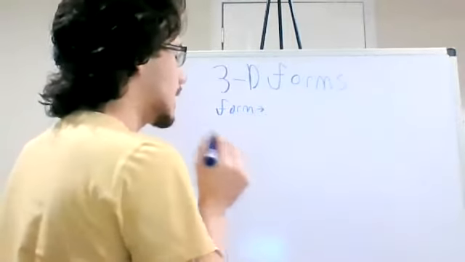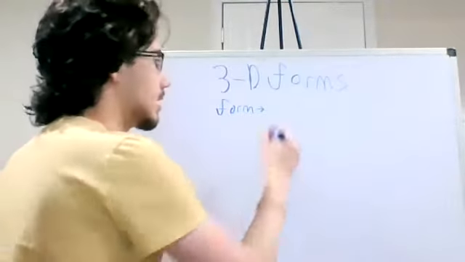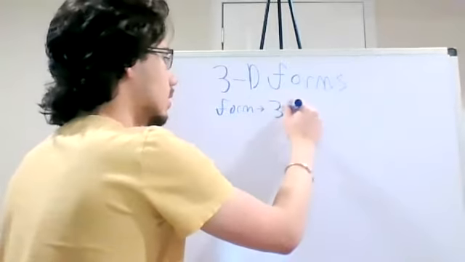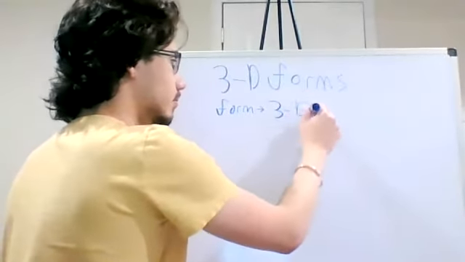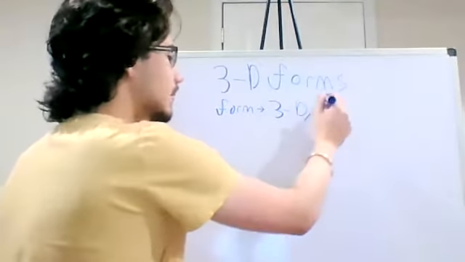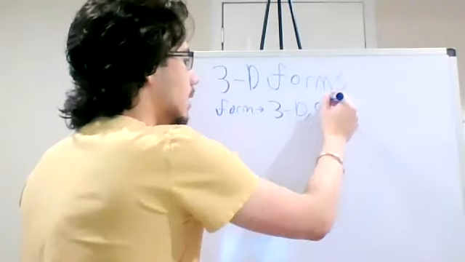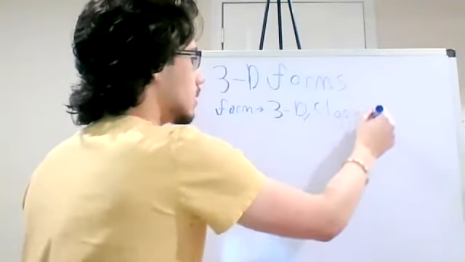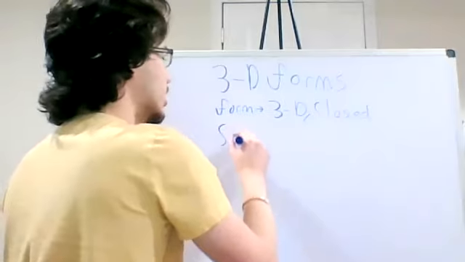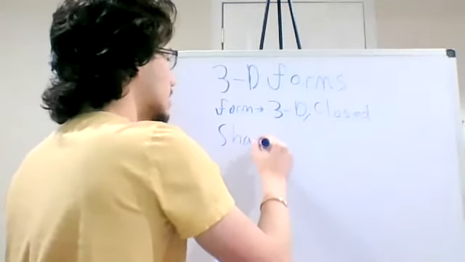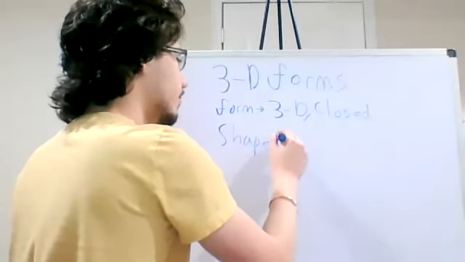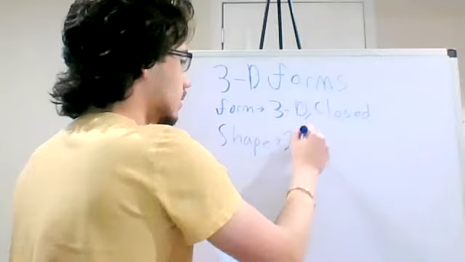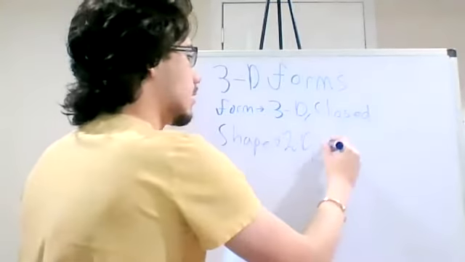So the classification of a form depends on the form being 1, 3D, and 2, a closed form, similar to how a shape must be 2D and closed.